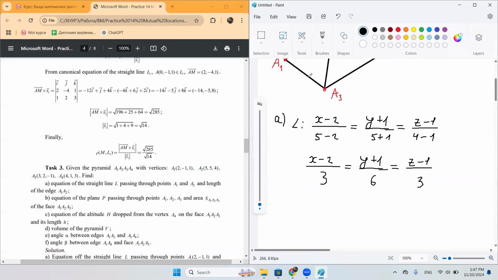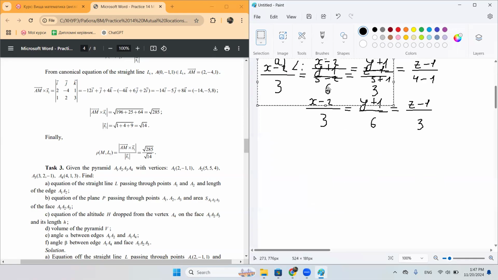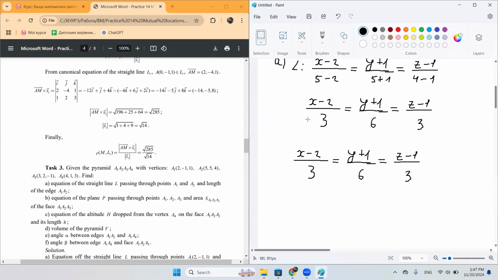We can reduce it even more, we can multiply all parts by 3. It can be simplified because fewer numbers mean easier calculation in the future. So here is the final form of the equation of the line passing through points A1 and A2.